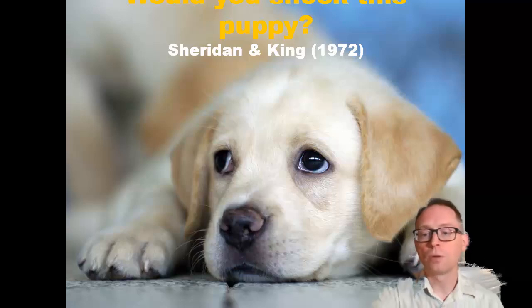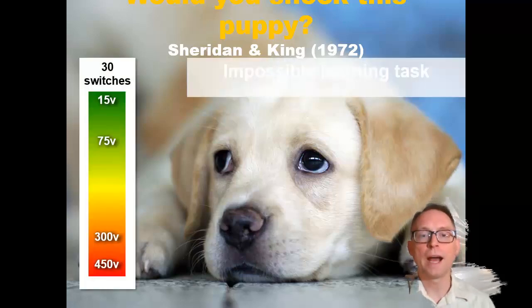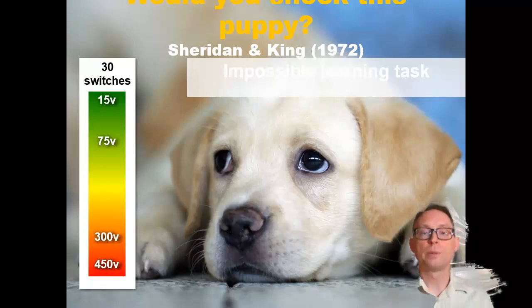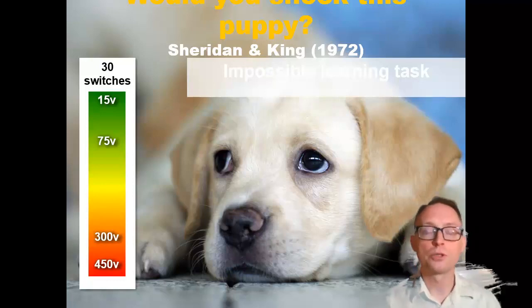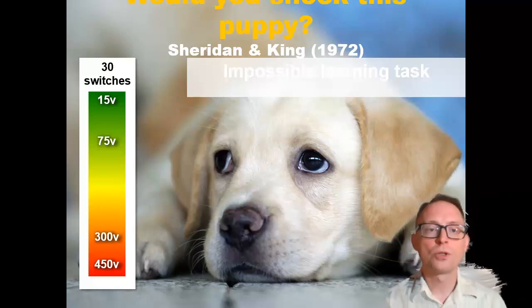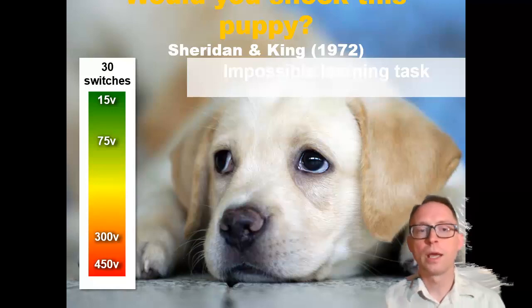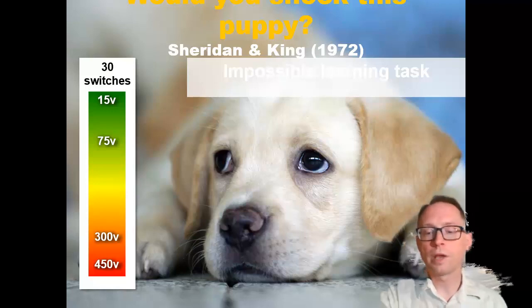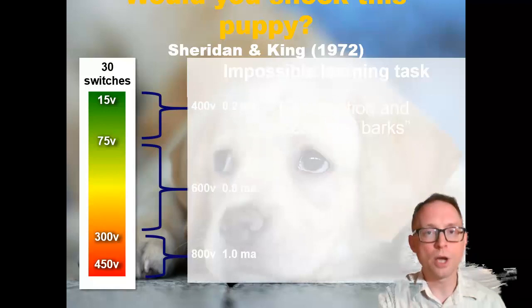So the questions we need to ask are, oh, by the way, one thing that we need to mention is that the dogs were supposed to do a task, but remember the task is actually impossible. So when they're giving these shocks, this is kind of the volts, there's 30 switches. When they're giving the shocks, it was obvious that the dog was feeling shocked.